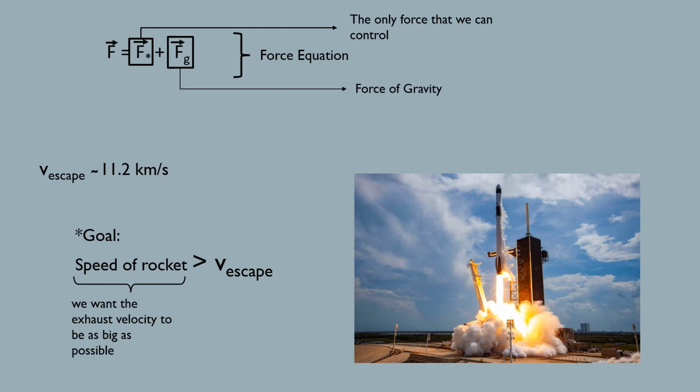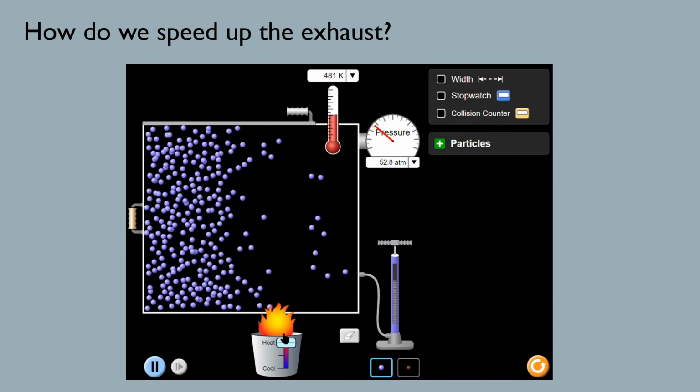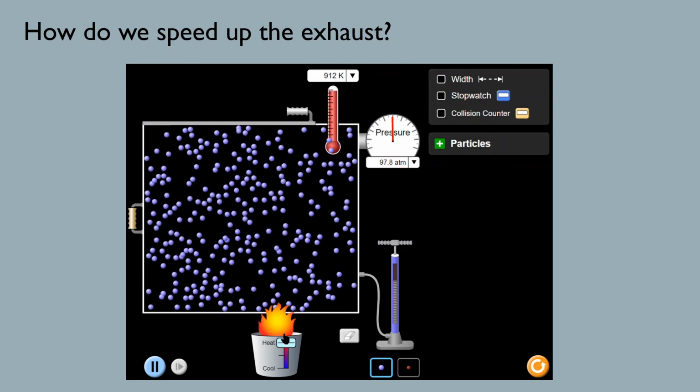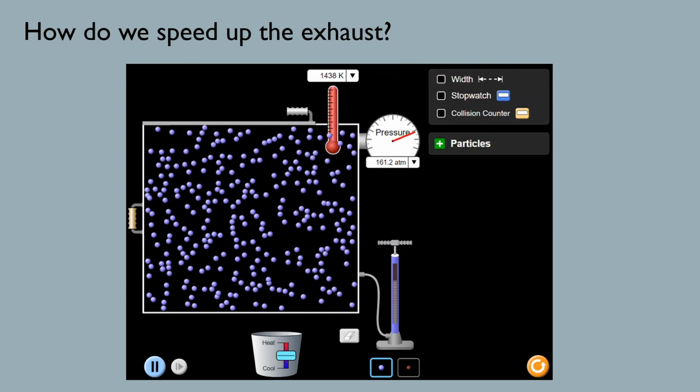To make the rocket go faster than v escape, we want the exhaust to go as fast as possible, which is what makes the rocket go faster, as I discussed on the previous slide. So how do we make the exhaust shoot out as fast as possible? Imagine that the atoms in the video that I'm showing you are the atoms of rocket fuel sitting in the back of the rocket.